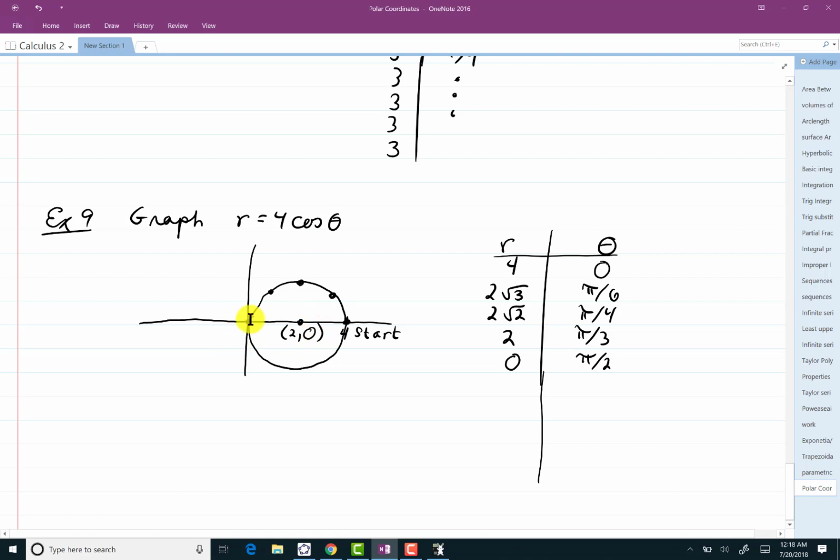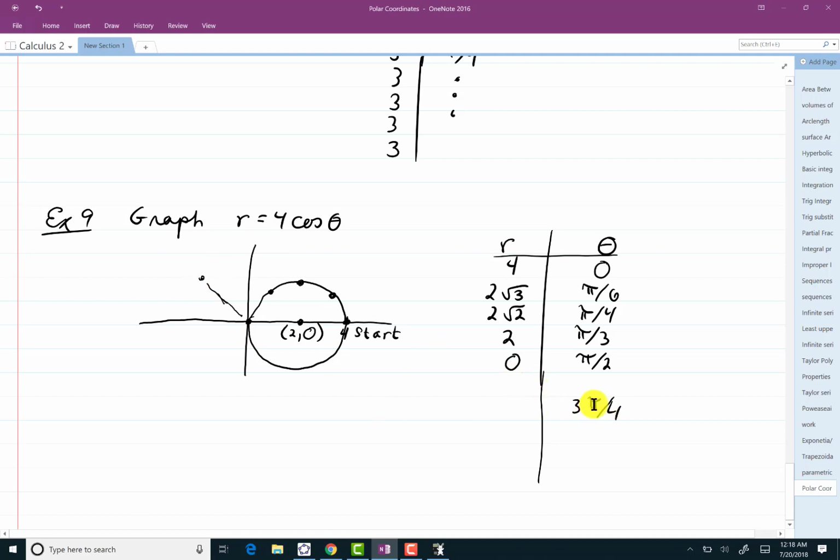Now, what's interesting, though, is here is why those negative r's would be necessary. Let's take a look at an example when theta is 3 pi over 4. When it was pi over 4, we had this. So at 3 pi over 4, you would expect a point here, but look what happens.